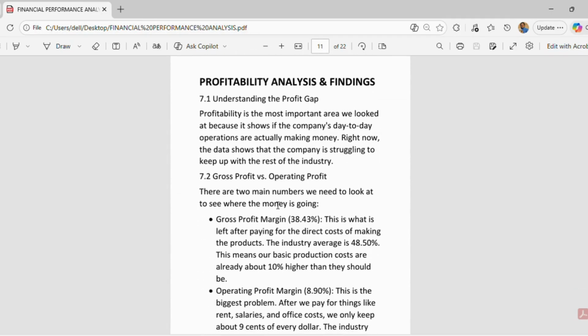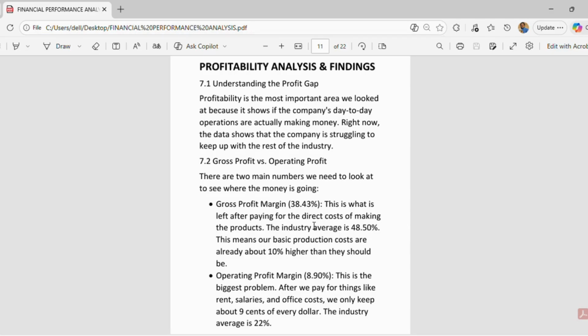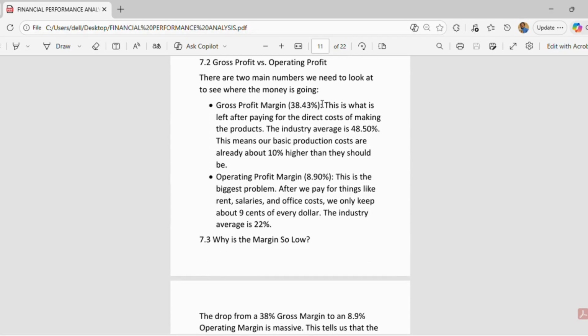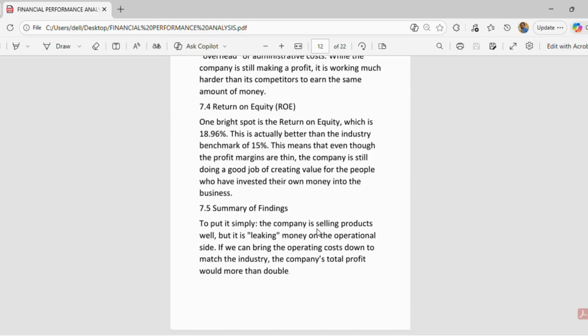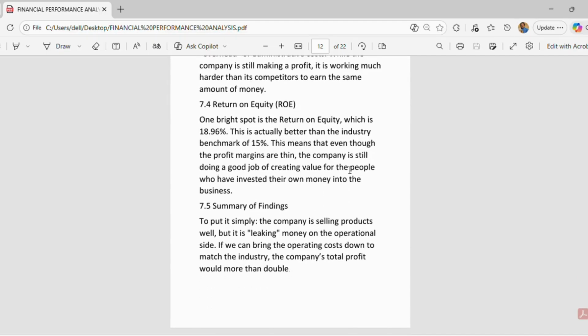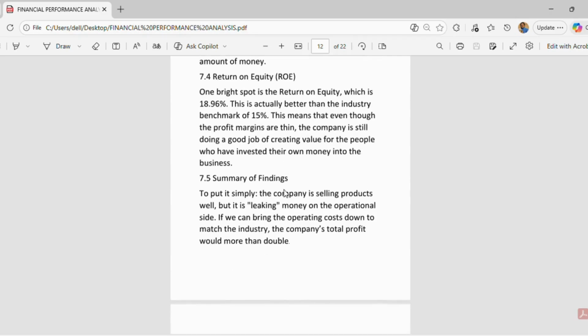Then ratios and their profit gaps: gross profit margin and operating profit margin. Then, why is this margin so low? Because the company is spending way too much on overhead or administrative costs. Then return on equity. In this, the company is doing a good job.